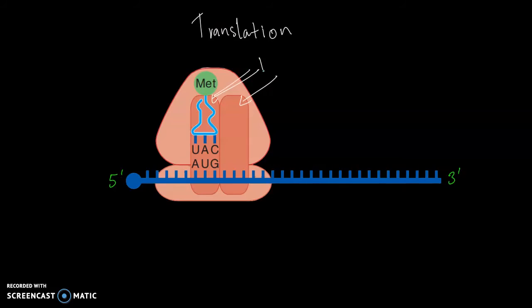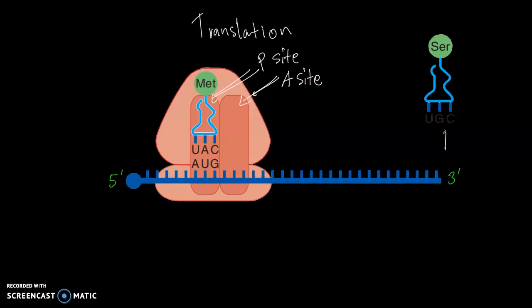This part is called the P site, where the first tRNA over here with methionine is positioned, and this part is called the A site. Following initiation, another tRNA will occupy the A site.